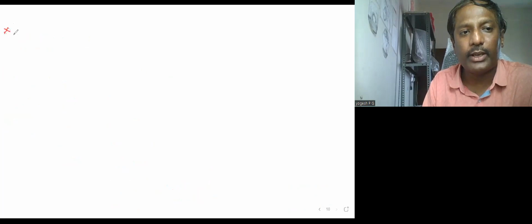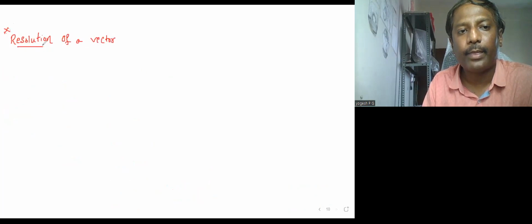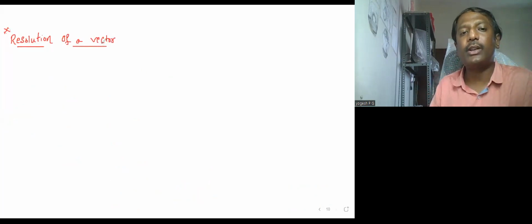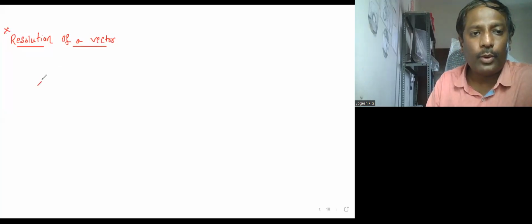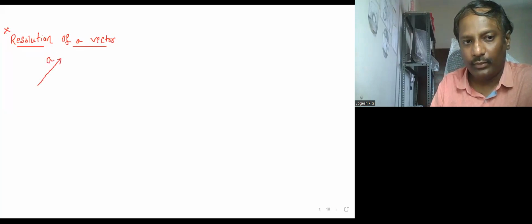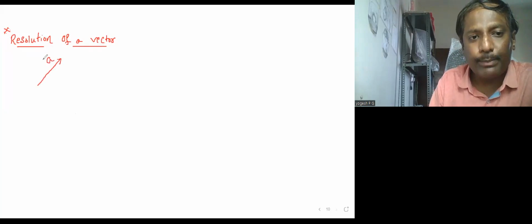This is also very important, students. That is resolution of a vector. Suppose I give a vector here, let us say this is vector A. Now you can split this vector into two rectangular components.